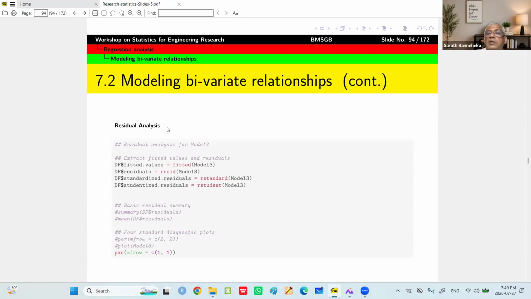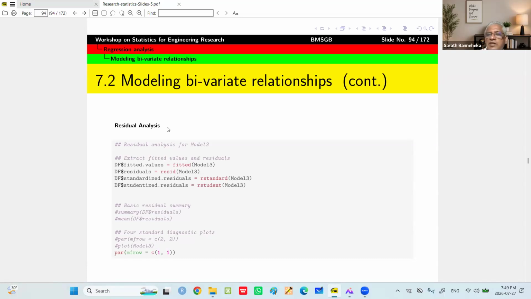Of course, all of these p values that we looked at were interpreted assuming that the model assumptions are reasonable. We didn't check whether the model assumptions are reasonable yet.